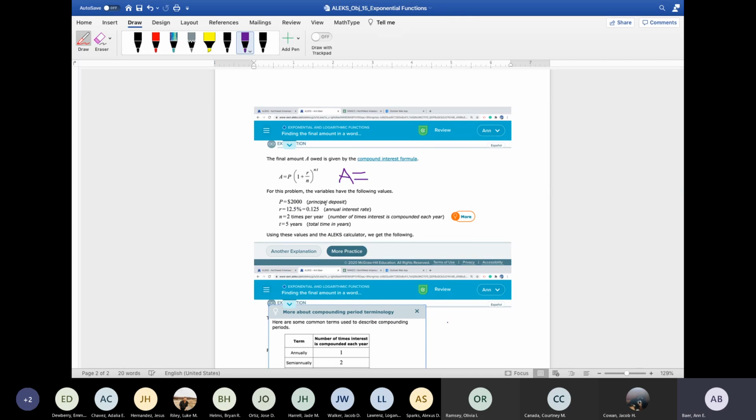P is the principal deposit, or how much is borrowed. In our problem, the person borrowed $8,000. So $8,000, and then we have a parenthesis, and then we have the number 1, and then a plus sign.